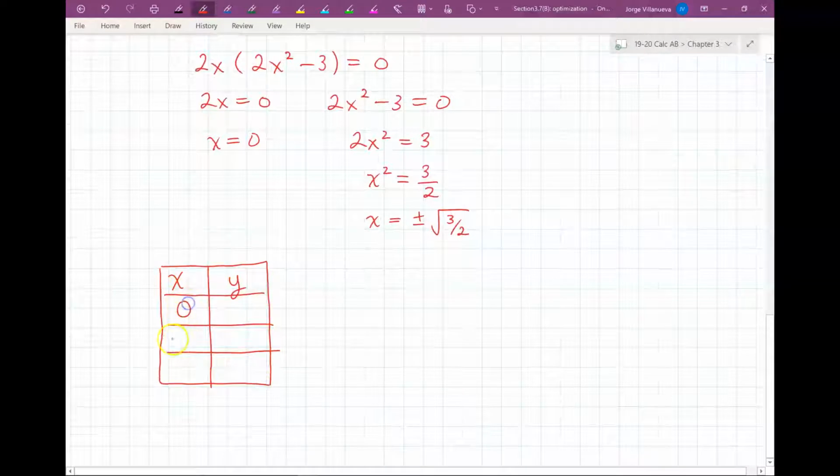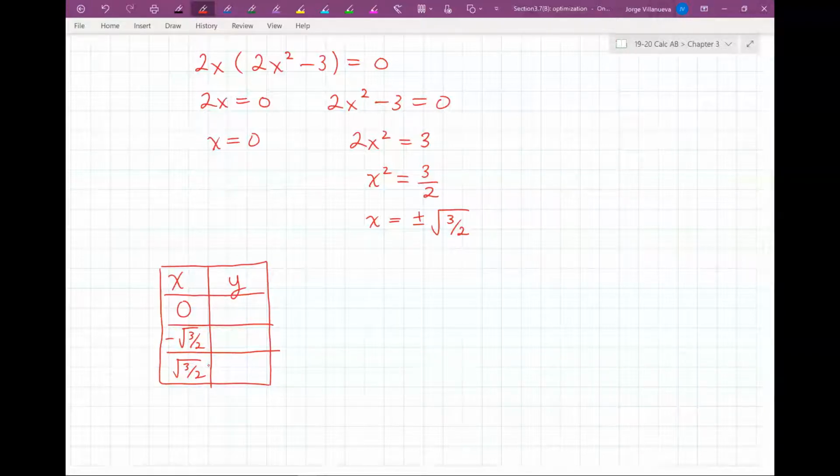I have a 0, a negative radical 3 over 2, and a radical 3 over 2. Now I want to figure out where the points are, okay? So, if I plug in a 0 into my original y function, which is y equals negative x squared plus 4, I get 4.